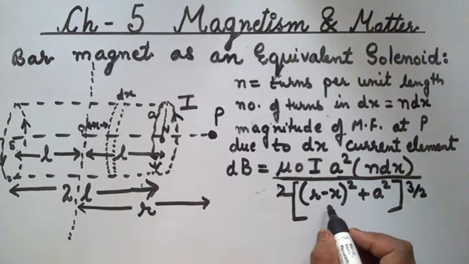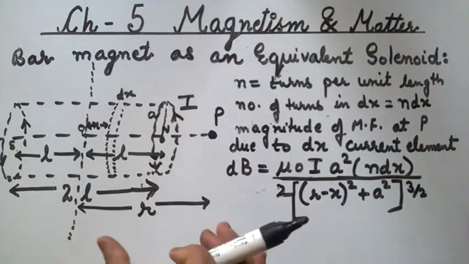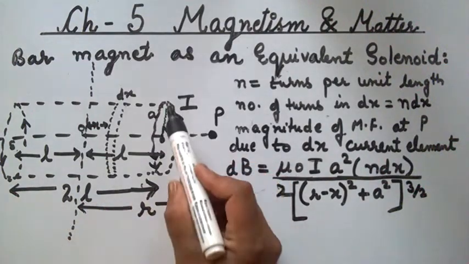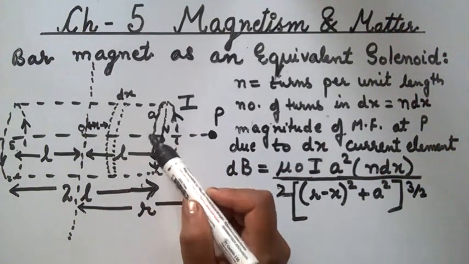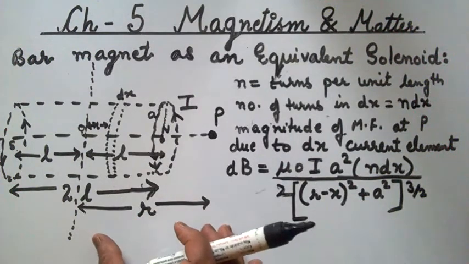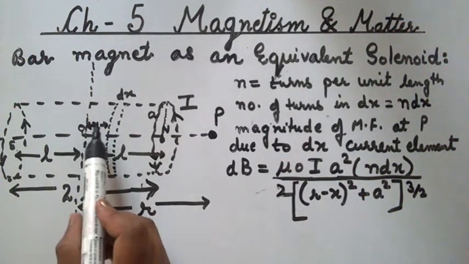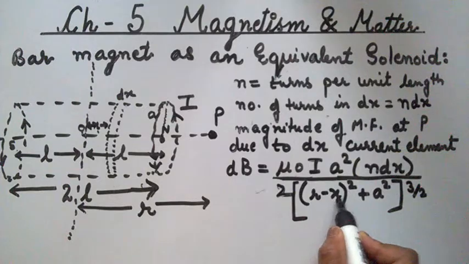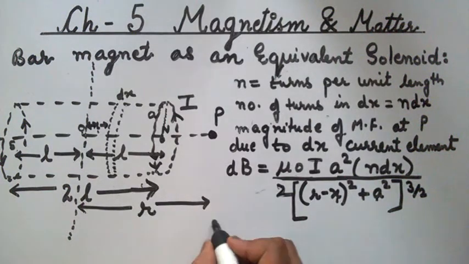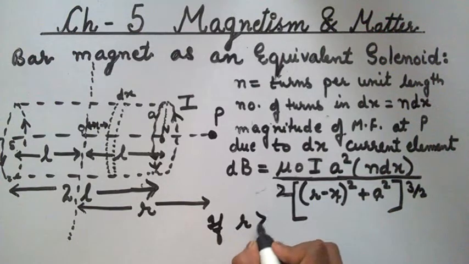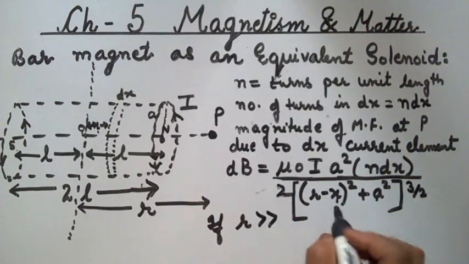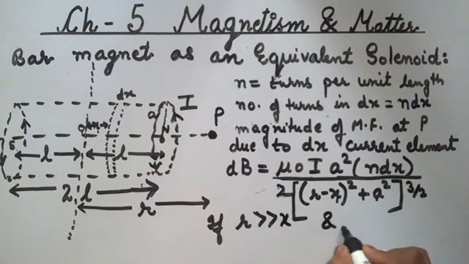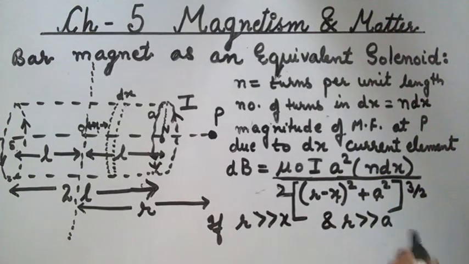Now if we consider that the distance r is very large compared to the radius of the solenoid and compared to this small distance x, we can ignore x and a. That is, if r is very far away, the distance is much more than x, and r is very much greater than the radius.